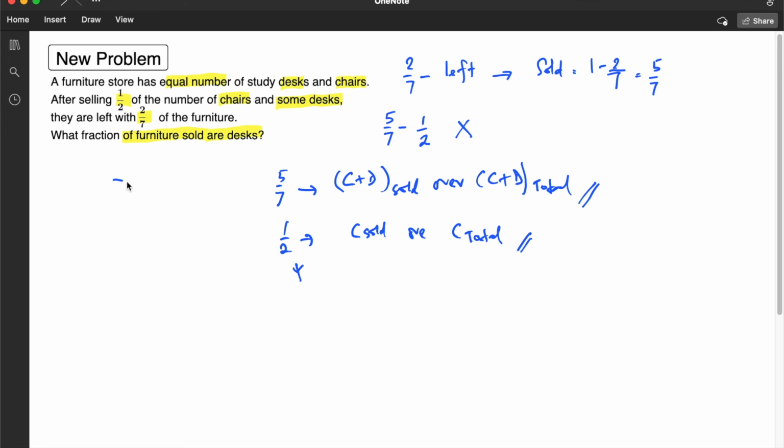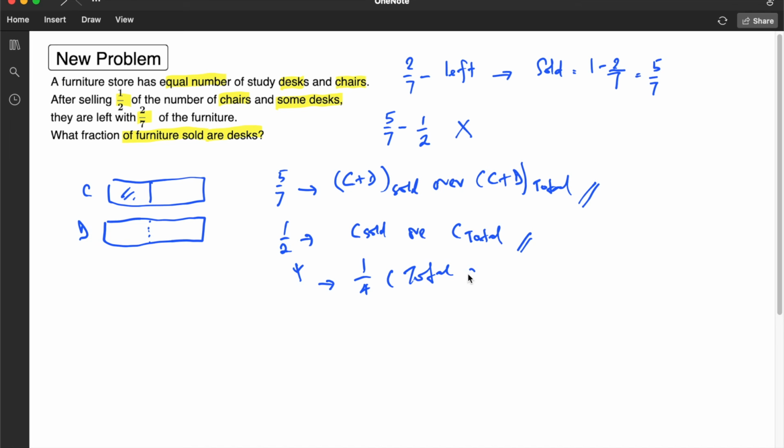If you remember our simple model for the chairs, half is sold and the other half is left. And for the desks, they have the same number. So actually I can do this. Half of the chairs is also equal to 1/4 of the total chairs plus desks.